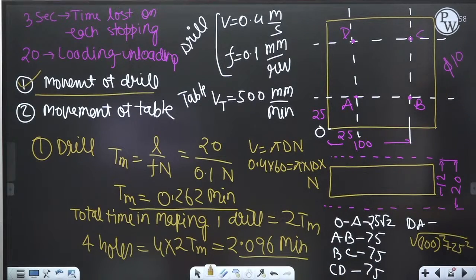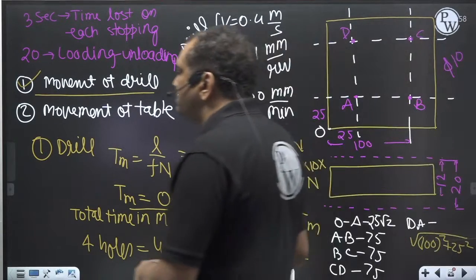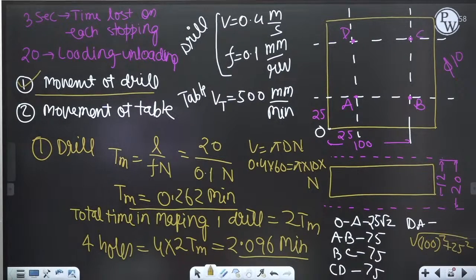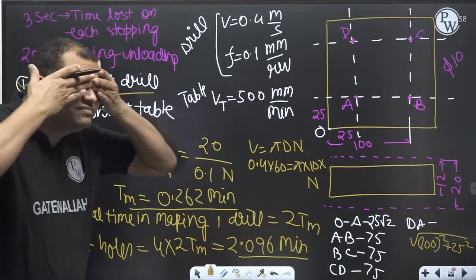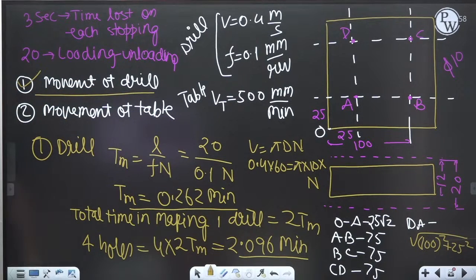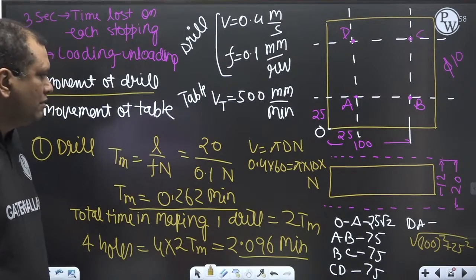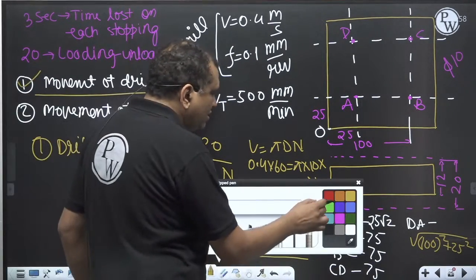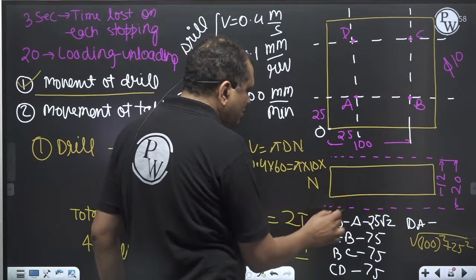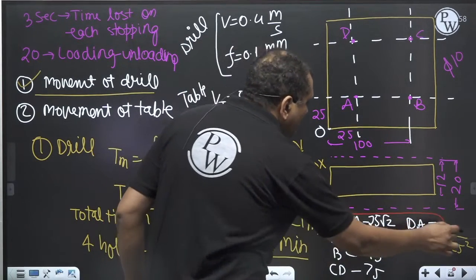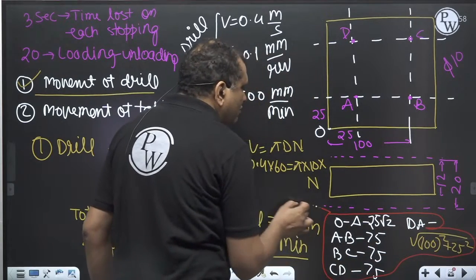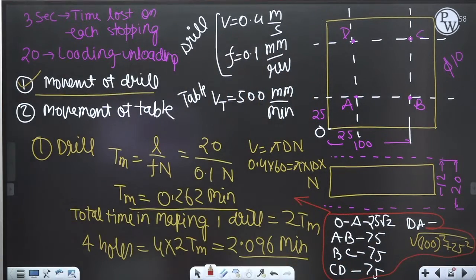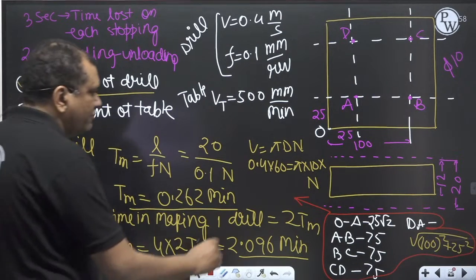The total movement for the table is 363.4.